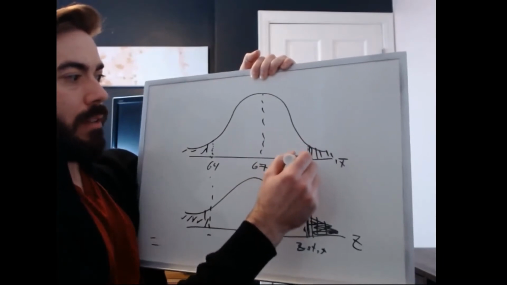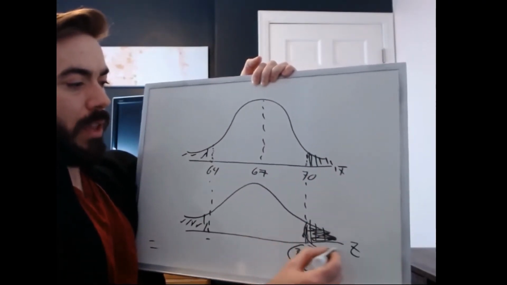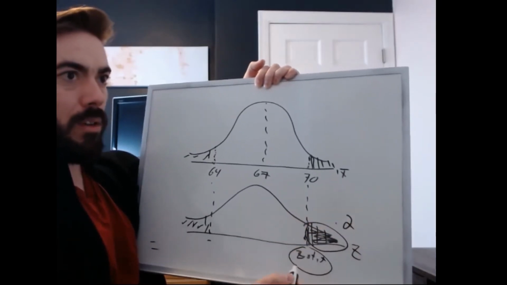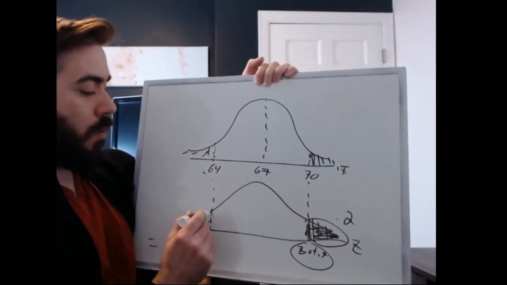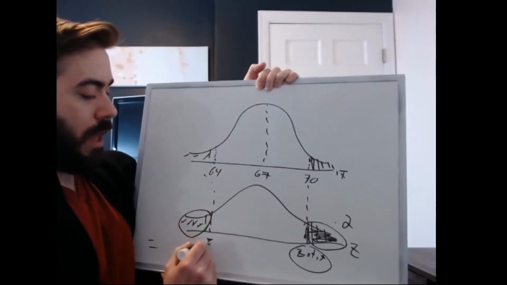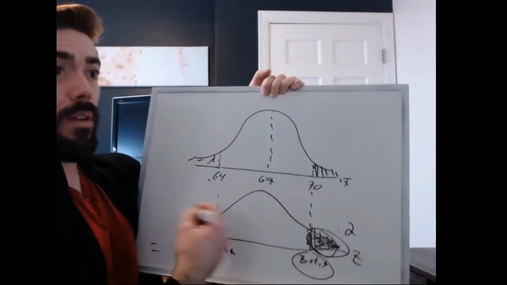So if I find the 70 as my sample mean, I'll find the positive test statistic, find the area to the right, and multiply by 2, because there'd be two sides. If I saw 64 instead, then I find the area to the left of that test statistic, but it was equally as likely for me to see something above it, so I'd multiply by 2 as well.